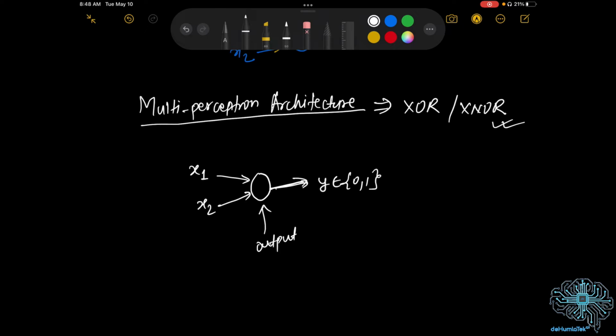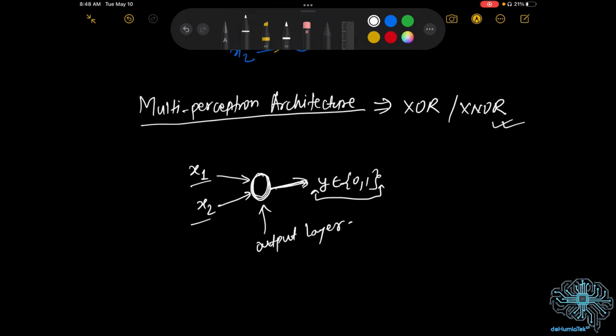Its job is mostly to output this value, whether the neuron will fire or not fire based on the different values for the input. So let's say this is the output layer.